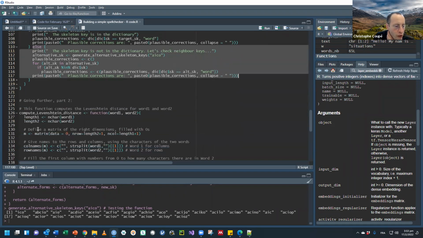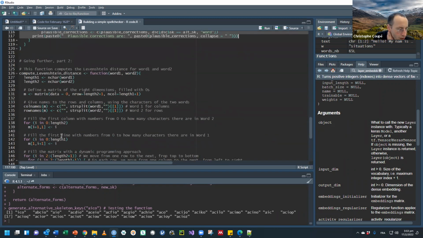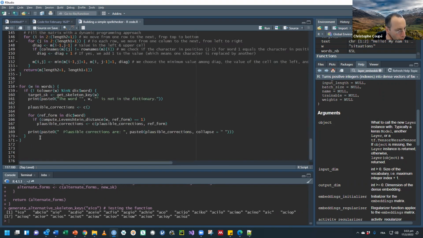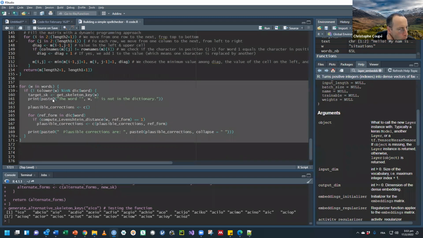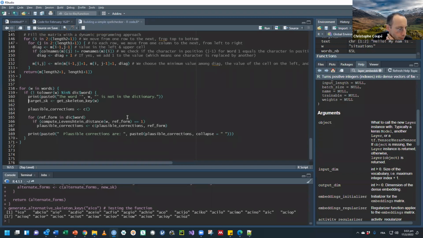And the last option that you will find in my code is to use the Levenshtein distance. And then you have a loop. You look if the word is in the dictionary or not. And if that's not the case, then you can look for plausible corrections using this time the Levenshtein distance between the word and the words in the dictionary.